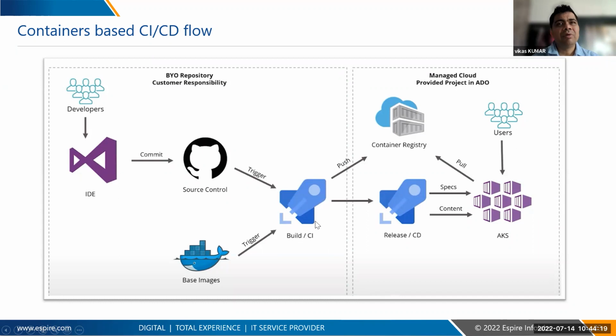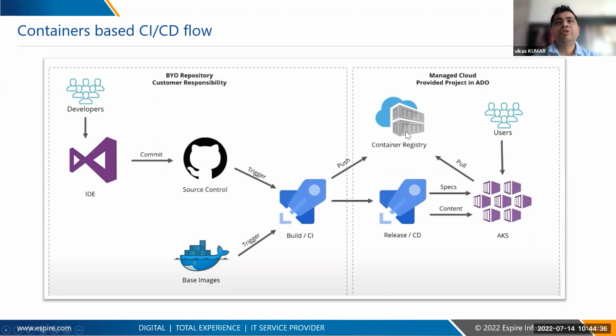We discussed whether we can host this on Sitecore. They mentioned no. So they have the pipeline for releasing from the container registry to the AKS that we'll discuss. But this you need to maintain on your own, the source control, and you will push into the container registry.